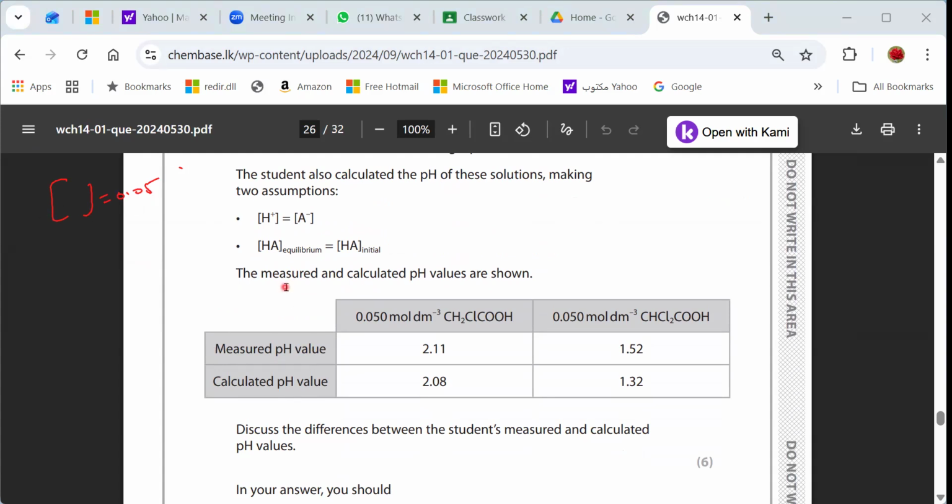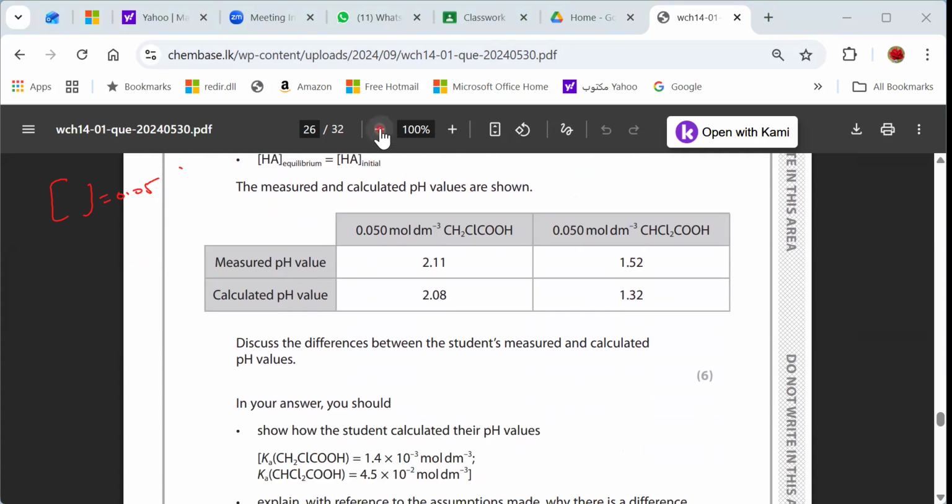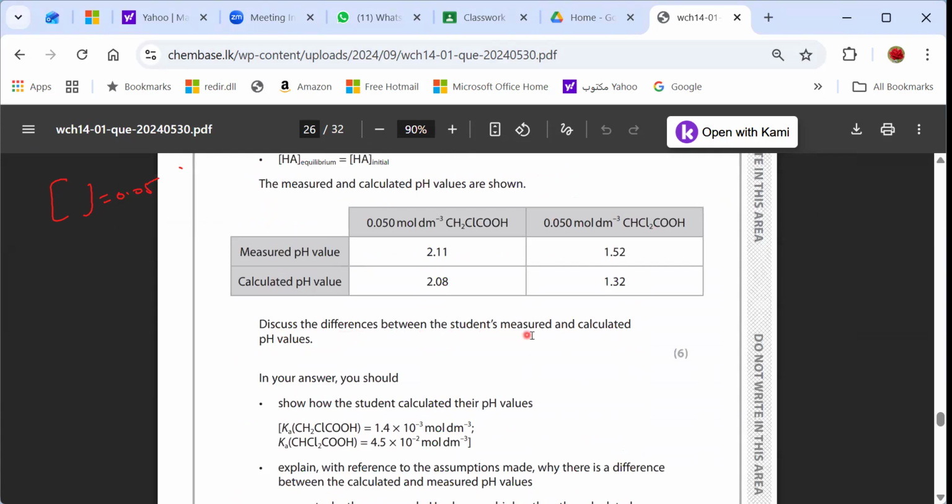And then he assumed that the H+ equals A-. You see, this is an assumption we can use. And that the HA at equilibrium equals HA initial. They said discuss the differences between the student's measured and calculated pH values. In your answer, you should show how the student calculated their pH.